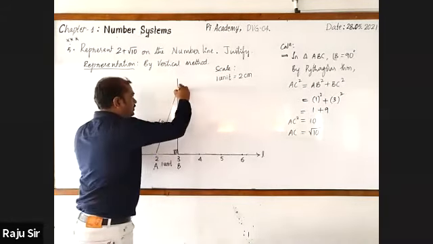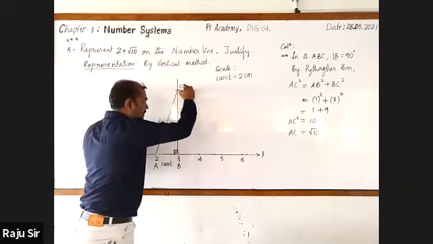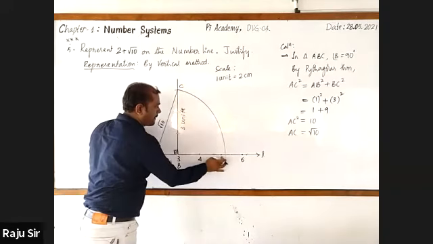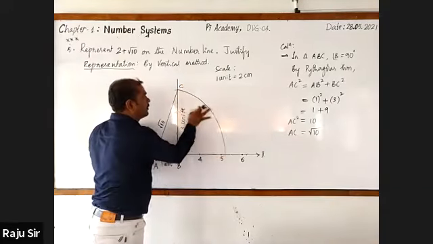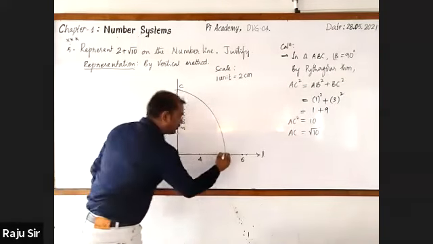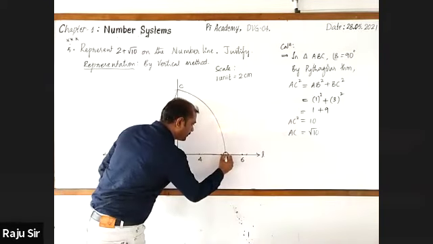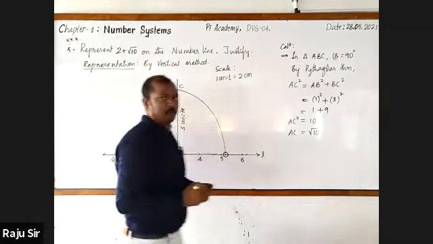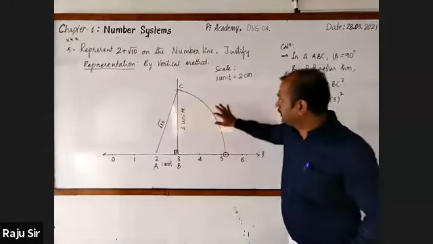I'm drawing. Over. Have you got it like this? Yes, sir. Now we call this point M.